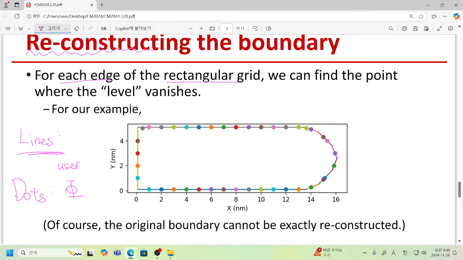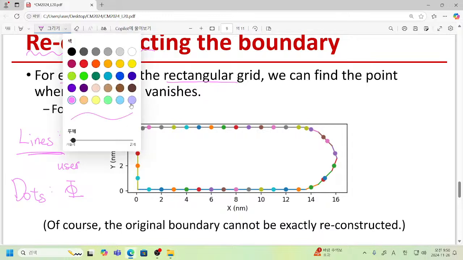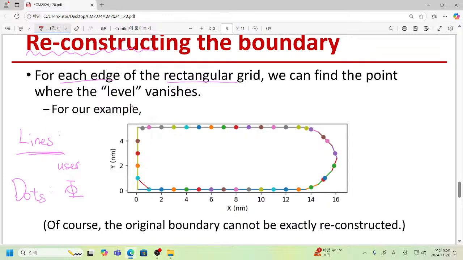First, we constructed the level function, and by interpolating the zero crossing point, now we can find certain points. Once we get these nodes, we can make the real final description by connecting them. That will give you a certain form or surface expressed by the level set method.